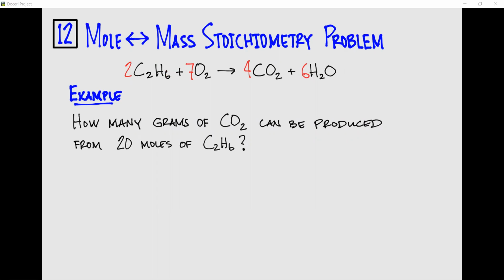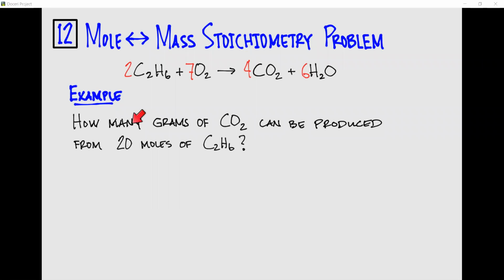How many grams of carbon dioxide gas can be generated from 20 moles of C2H6? Okay, so you're given the moles of ethane gas, C2H6, and it's asking how many grams of carbon dioxide can be generated.